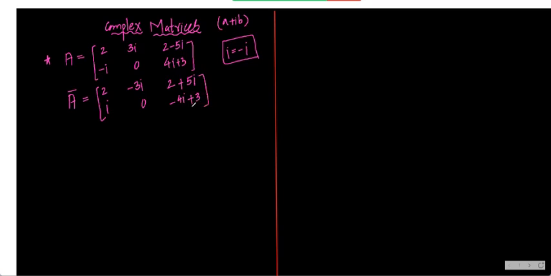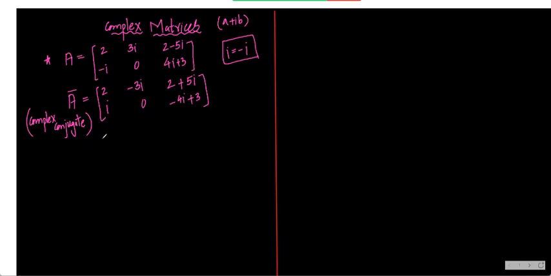This is the way to find the complex conjugate. Wherever i is there, we change it to minus i, and if we already have a minus i, we write it as plus i.